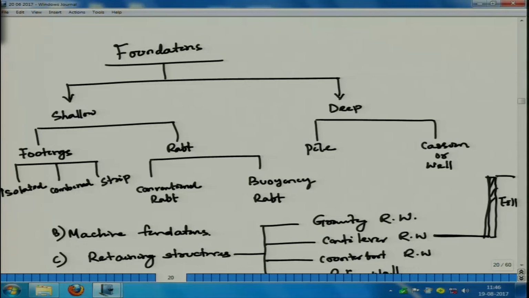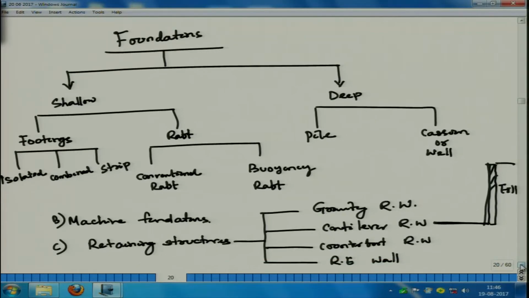Deep foundation is again two, one is pile, the other is caisson or well. Then there are also machine foundations, retaining structures, gravity retaining walls, cantilever retaining walls, counterfort retaining walls, as well as reinforced earth walls, RE walls. This is called reinforced earth walls.